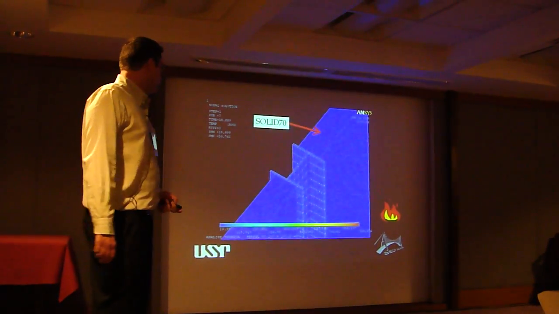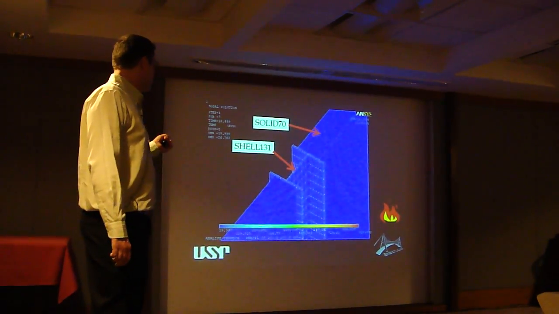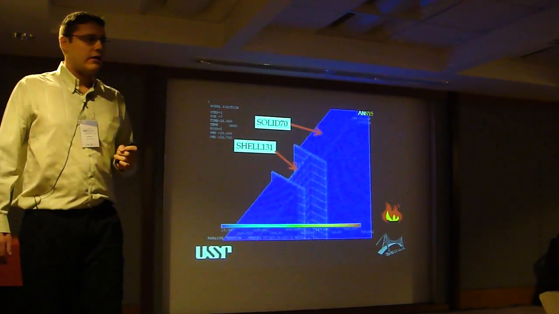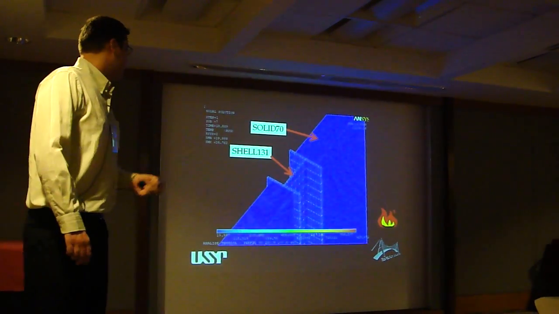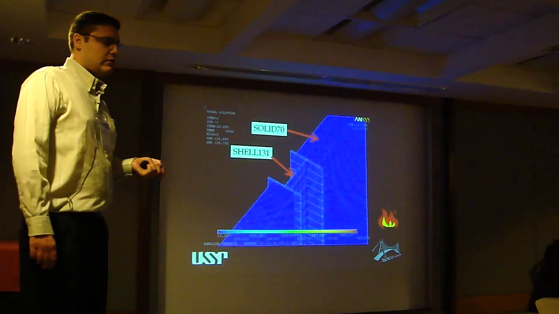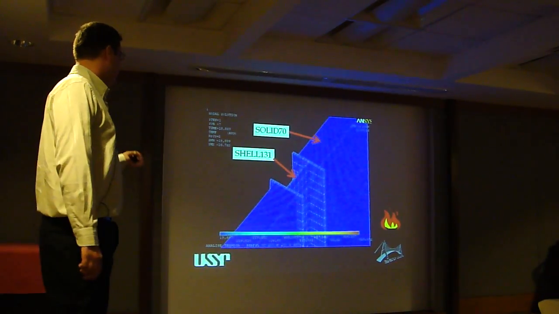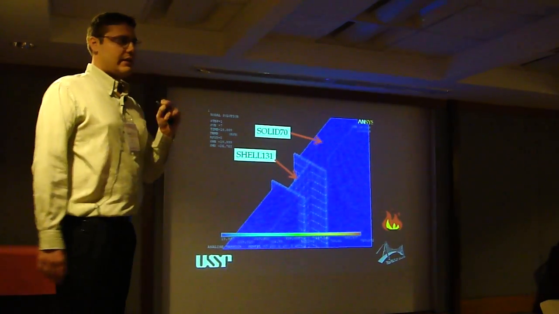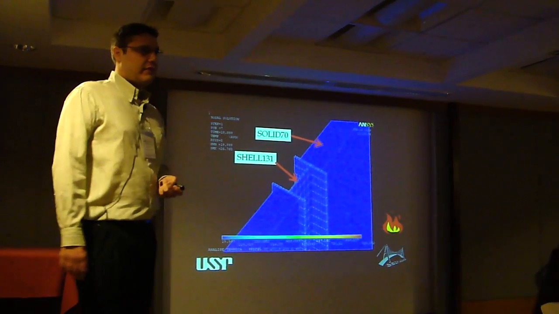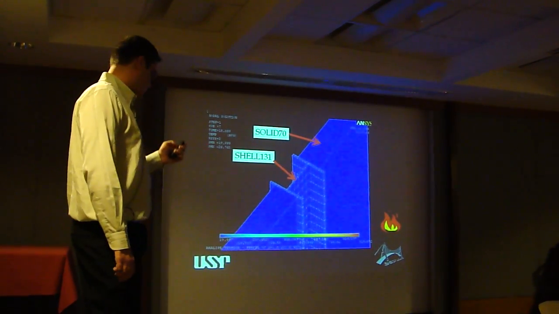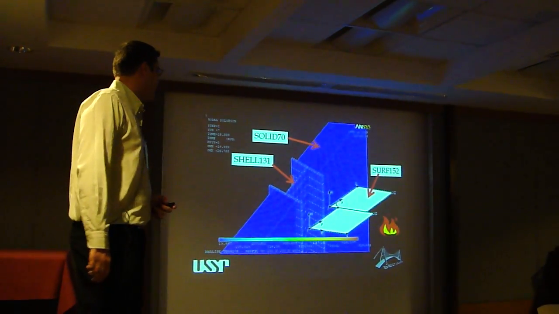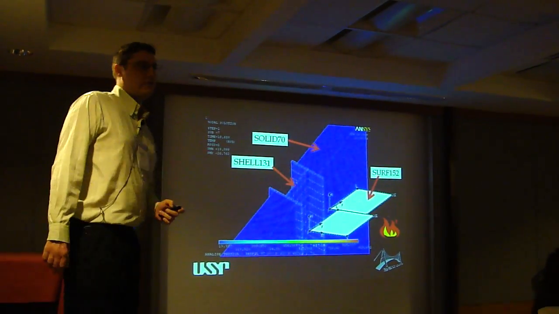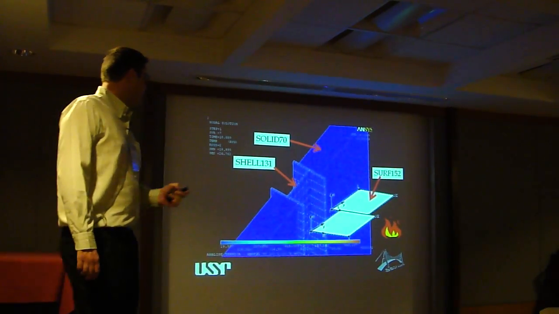The thermal model was built using SHELL131 finite element on the column and SOLID70 for the walls. The thermostructural model was built using SHELL181 and SOLID45 finite elements. The thermal effect was applied using SURF152 finite element.